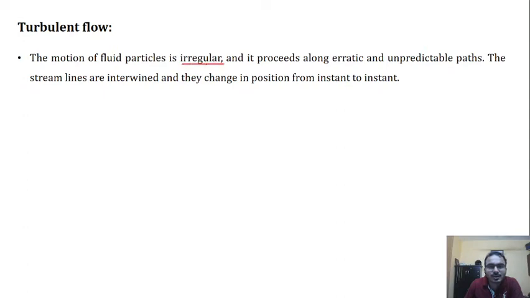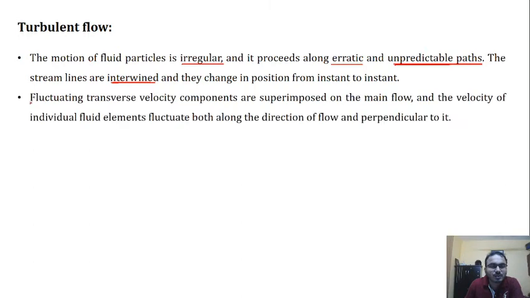Second, it proceeds along erratic and unpredictable paths. The streamlines are intertwined and they change their position from instant to instant. So we cannot define a proper path in case of turbulent flow. Fluctuating transverse velocities are also superimposed on the main flow.